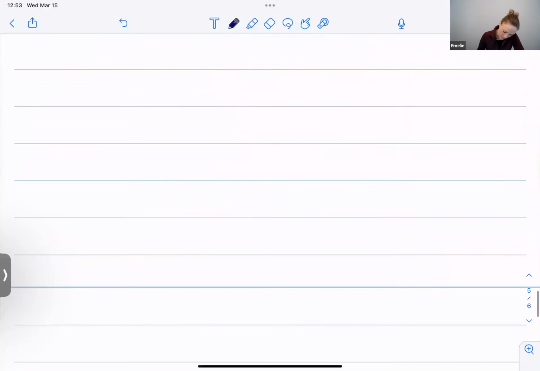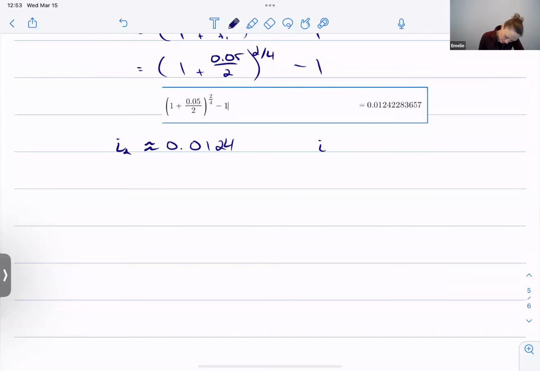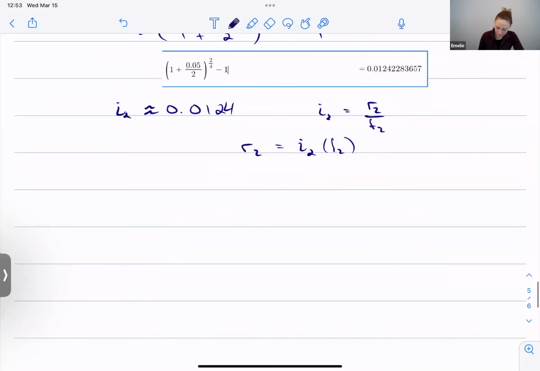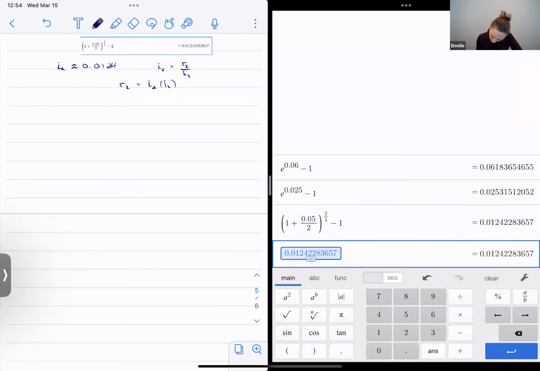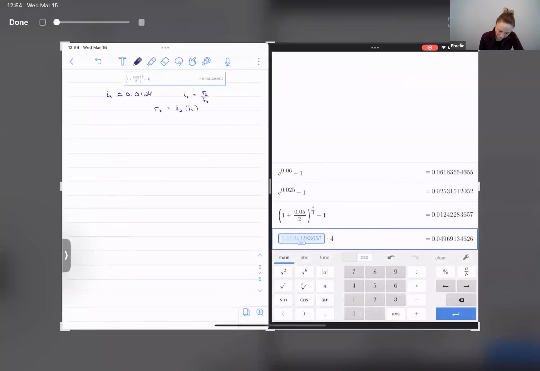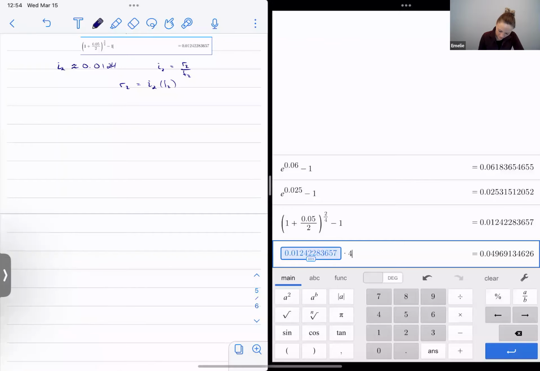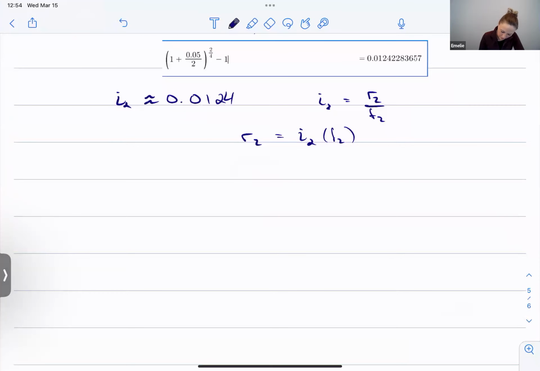Notice I2 is R2 over F2, so R2 must be I2 times F2. If I multiply this by 4, because quarterly, F2 is 4, then I get the annually compounded rate.